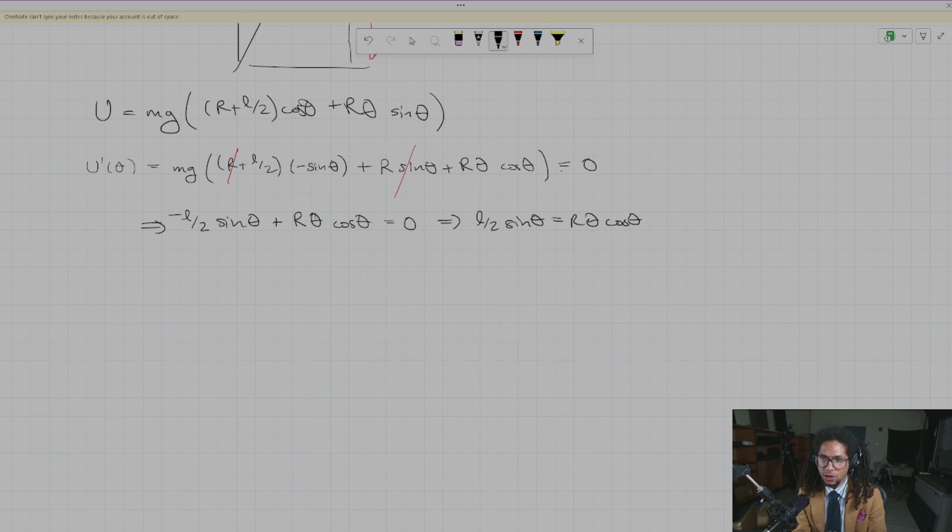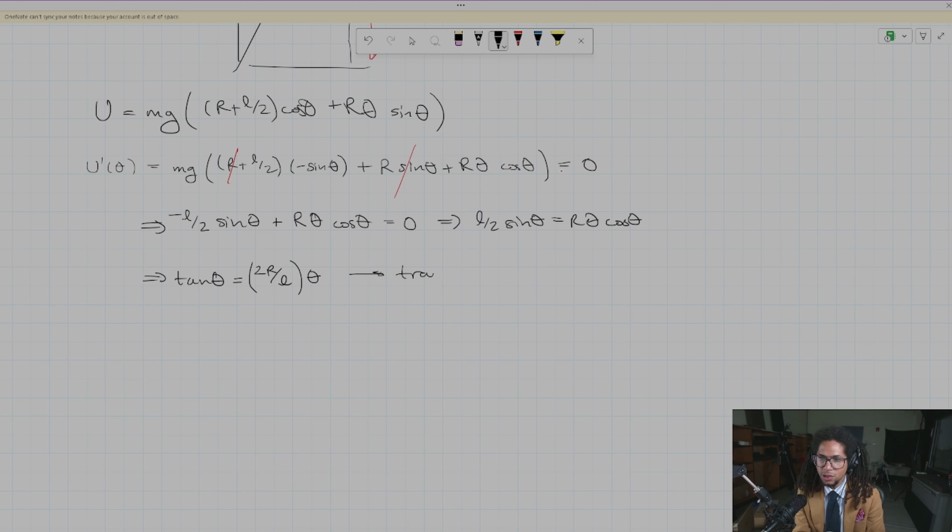Let's divide the cos theta over to the other side and then multiply the 2 over L to the other side. So all in all, we'll get tan theta is equal to 2r over L times theta.